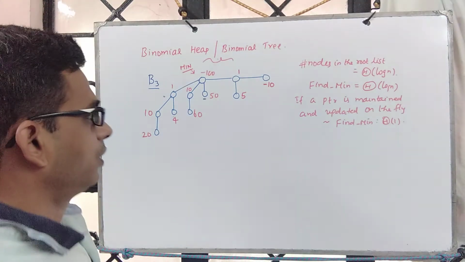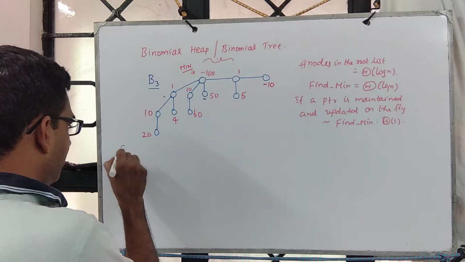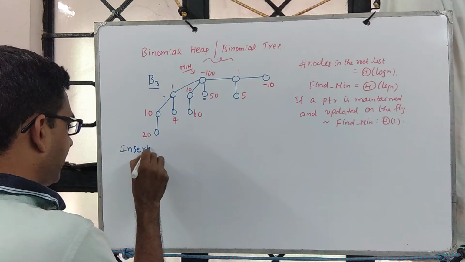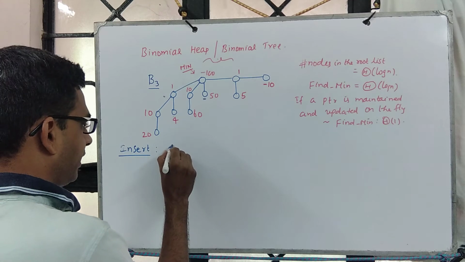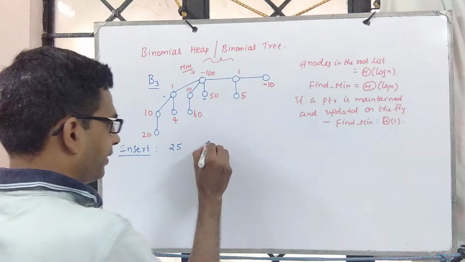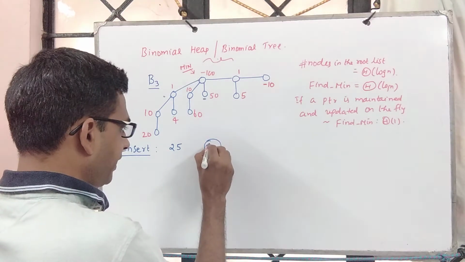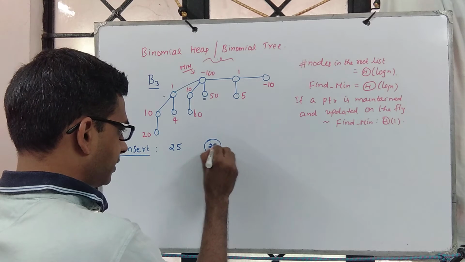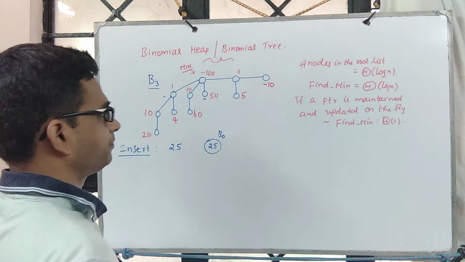Fine. So now a structure like this is given to you. Suppose we want to perform say insert. I want to insert an element say 25. So what do we do? We create a B0 whose value is 25 and add this B0 to this.